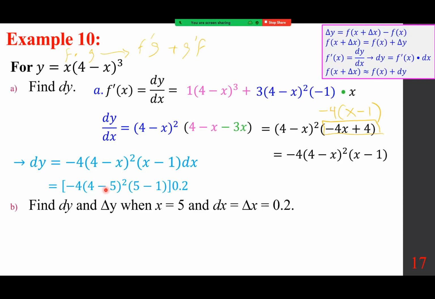Obviously, 4 minus 5 is 1. 1 squared makes it 1. So it's minus 4 times 1 times 4 times 0.2. We get negative 16 times 0.2, which is negative 3.2.